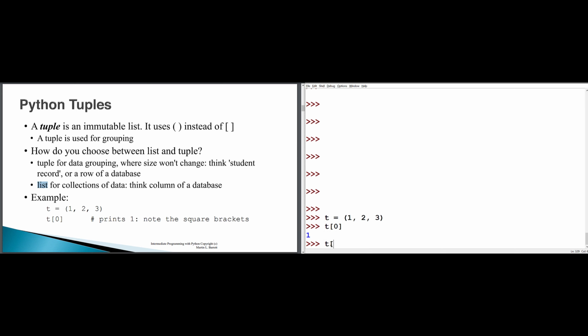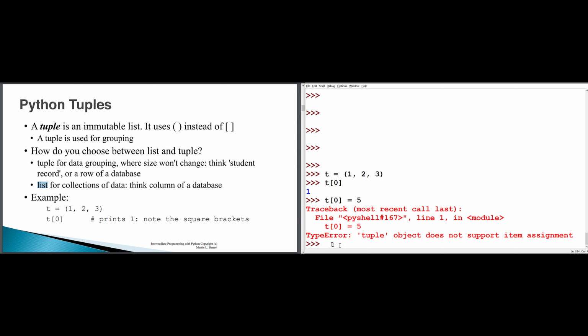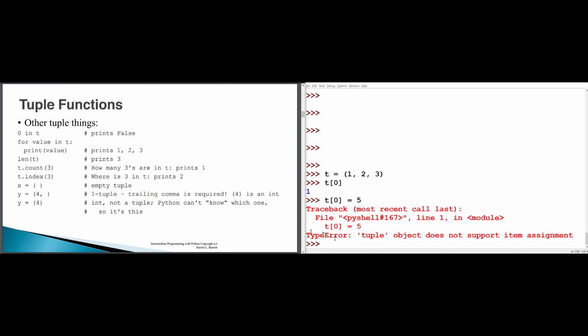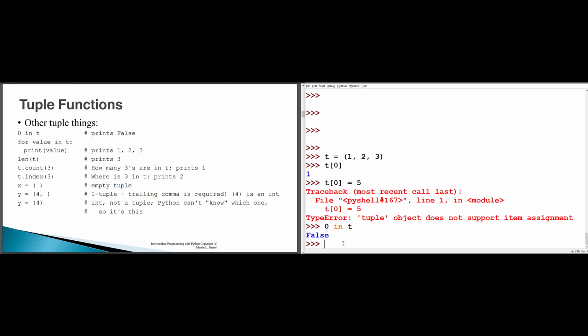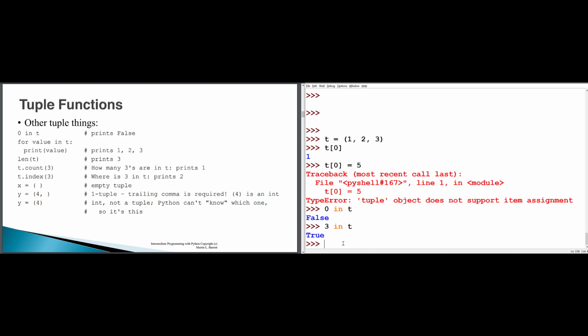If we attempt to say t sub 0 gets a 5, here we get yelled at: does not support item assignment, because a tuple is immutable, unlike a list. We can test whether a particular value is in a tuple using the in keyword. So 0 in t is false, 3 in t is true.